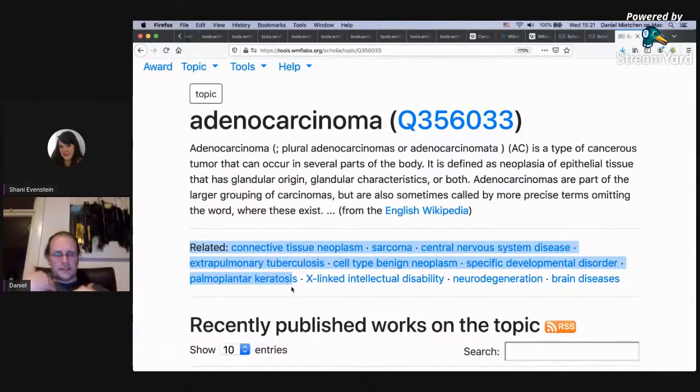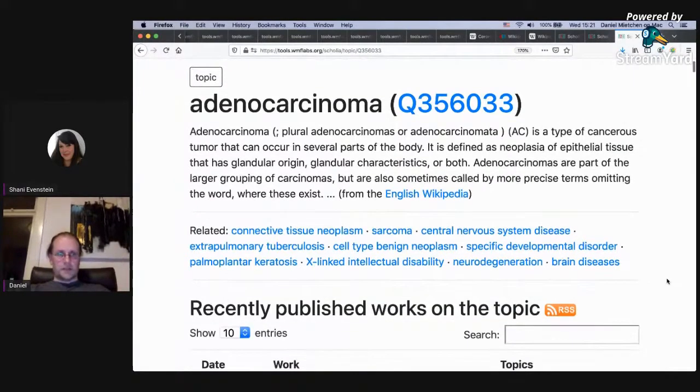So the kind of links that adenocarcinoma has to the rest of the knowledge of the world are similar to the kind of links that connective tissue neoplasm has, or specific developmental disorder. You notice these are all essentially diseases. So this basically means adenocarcinoma is linked to the wider world just the way other diseases are. But some of those are closer and some of those are less close.